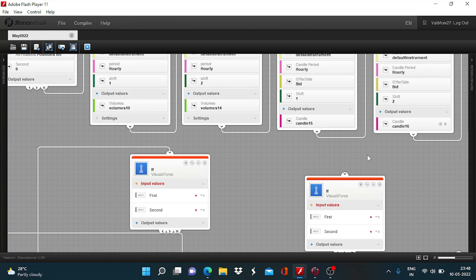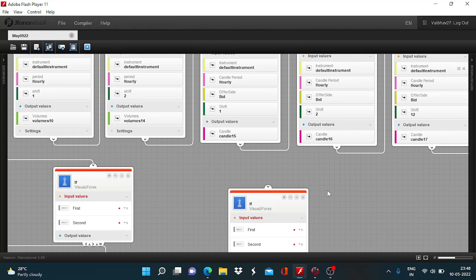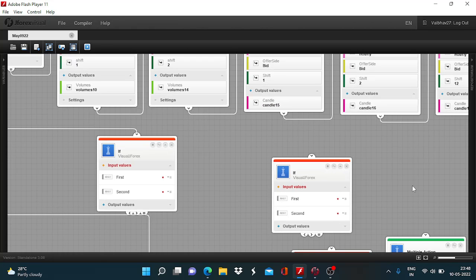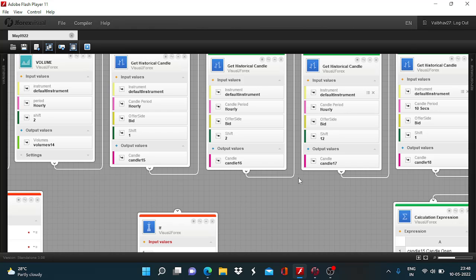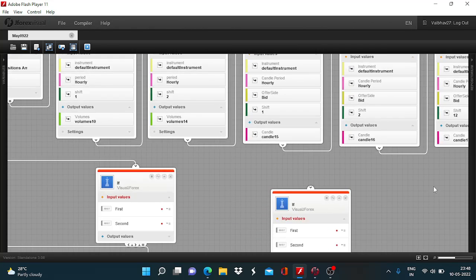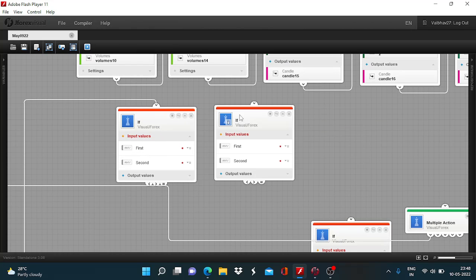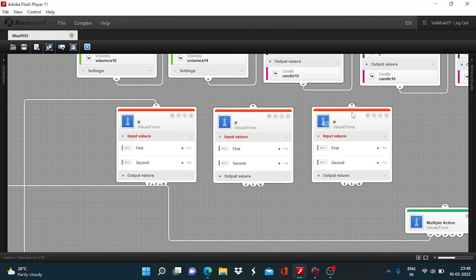Then we compare the closing values and the opening values of these three candles, candle 15, candle 16 and candle 17. In all these three cases, we need the closing value to be lower than the opening price. So I am going to compare the closing and opening prices of these three hourly candles.